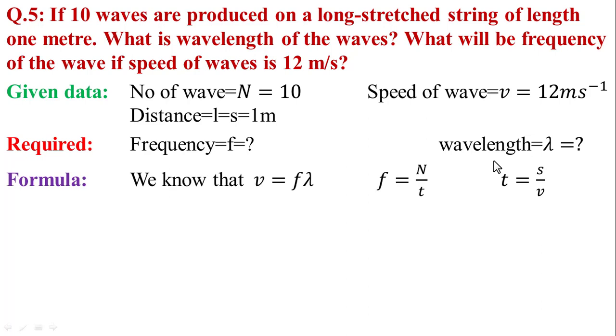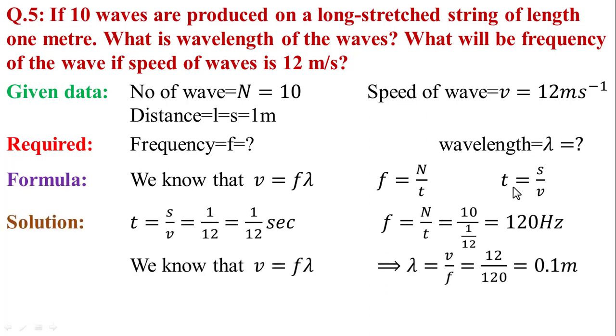Now we use the formula. We know that v is equal to f lambda. Then f is equal to number of waves divided by time, and we can also find the time. According to the distance equation, S is equal to vt, so t is equal to S upon v.